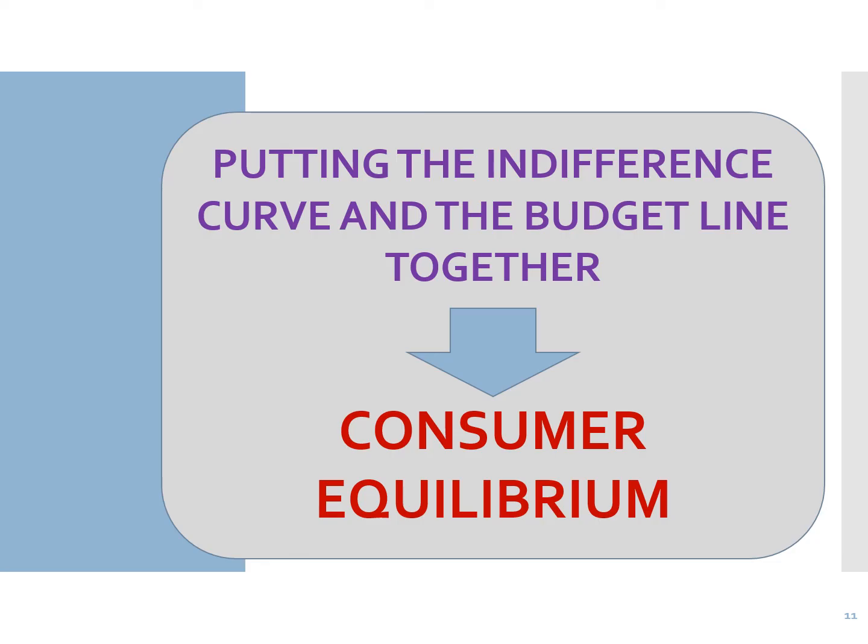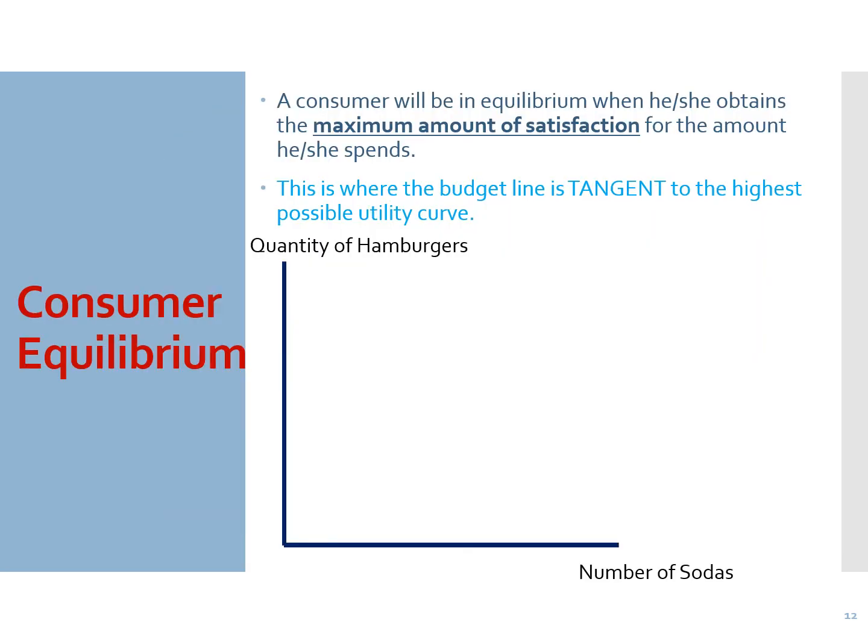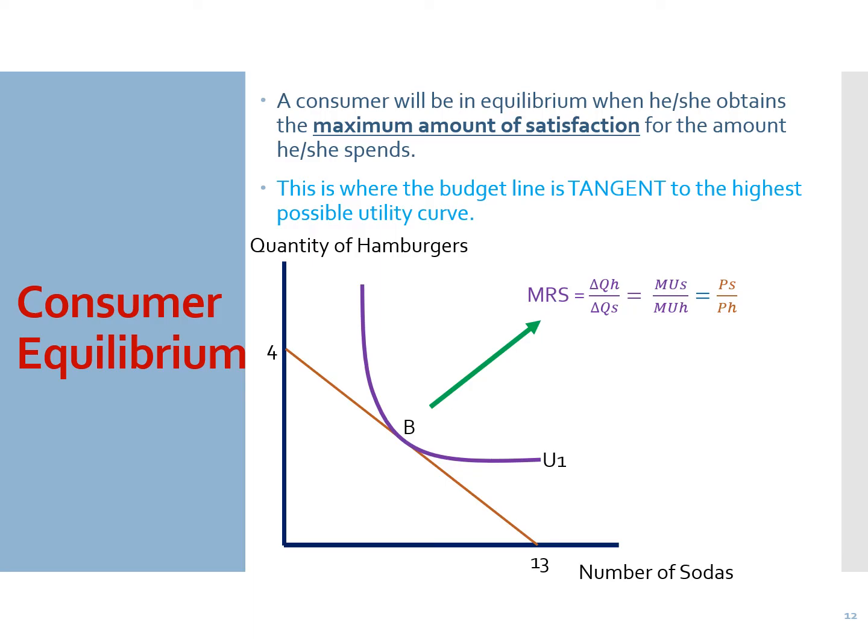We're going to put our indifference curve and our budget line together now. Here they go. We're going to take that budget line and we're going to try and find out where would our consumer be able to maximize his or her satisfaction. And it would be in this graph at point B. And that is where your budget line is tangent to the highest possible indifference curve.